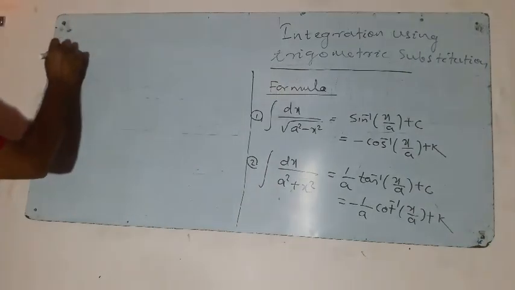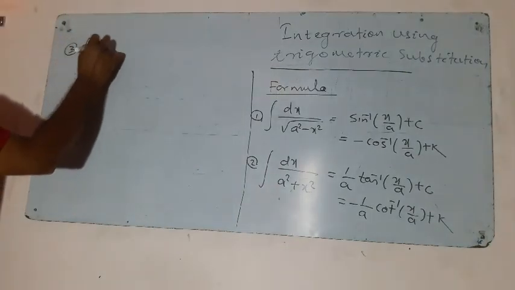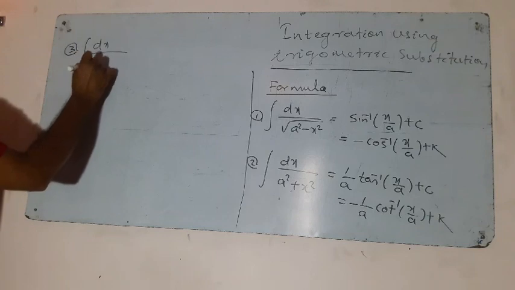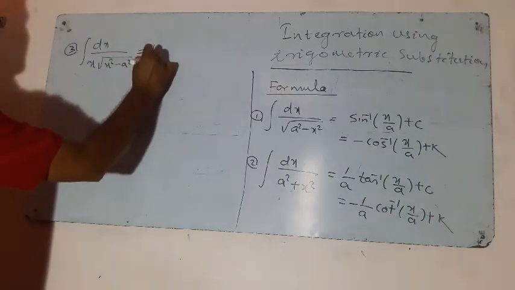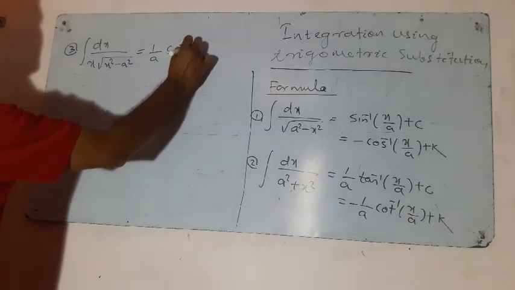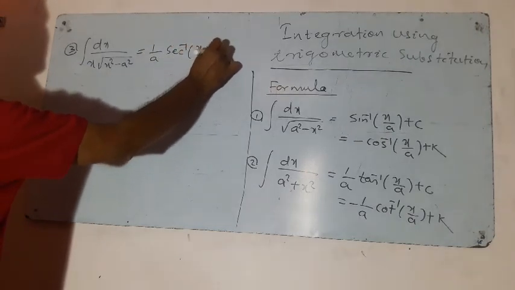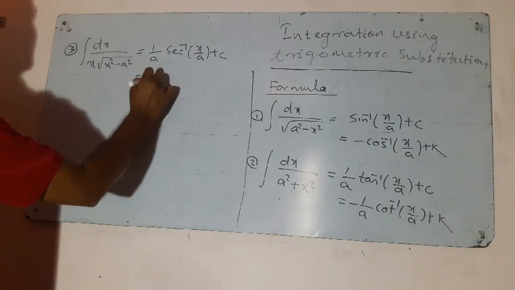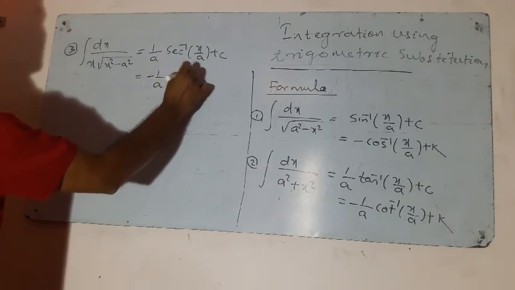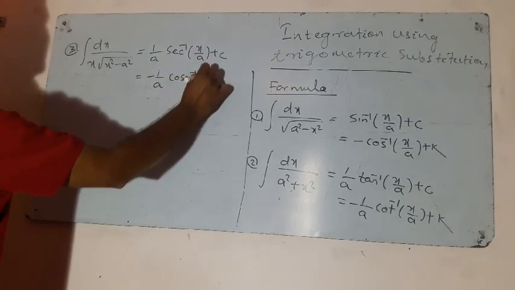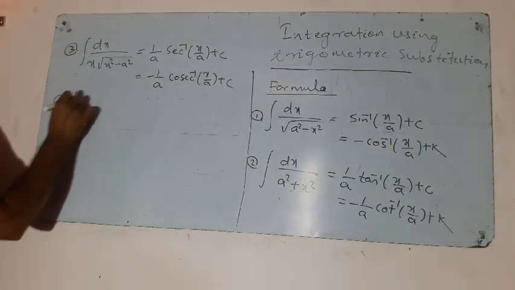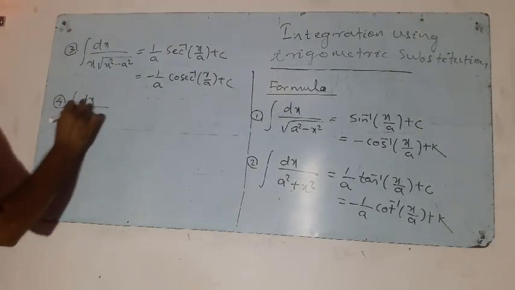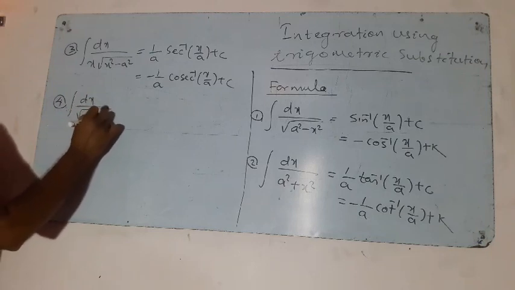Come to third bit, integration of dx by x into root over of x square minus a square. It is 1 by a sec inverse x by a plus c, or it is minus 1 by a cosec inverse x by a plus c. Come to fourth bit, dx by root over of x square plus a square.